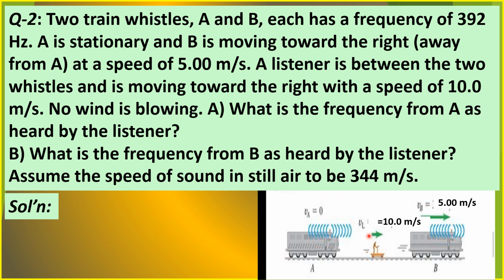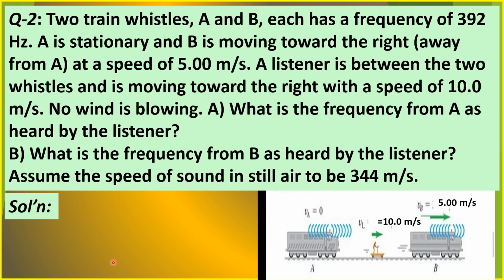So the listener is moving also to the right with a velocity of 10.0 meters per second. And question letter A is asking for the frequency that is observed by the listener from whistle A.